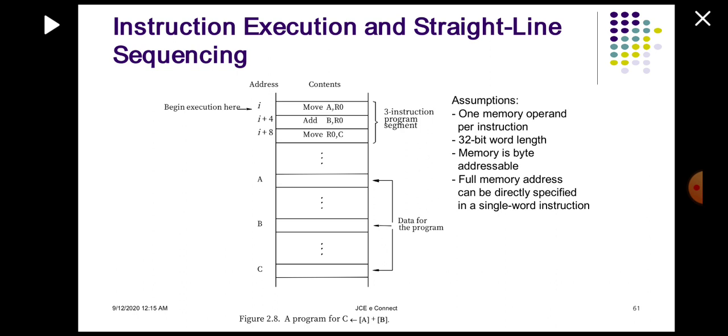The first phase is called instruction fetch. The instruction is fetched from the memory location and placed in the instruction register of the processor. At the end of the fetch phase, the program counter is incremented by 4. At the start of the next phase, called instruction execute, the contents of the instruction register are decoded to determine which operation is to be performed.